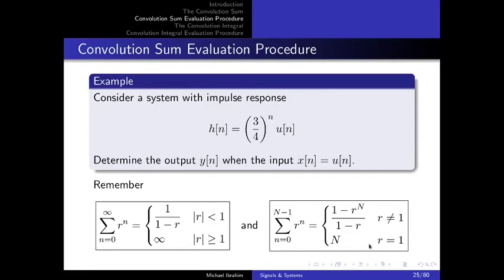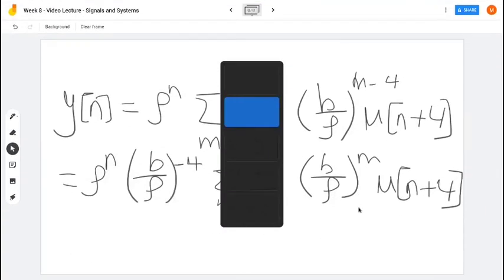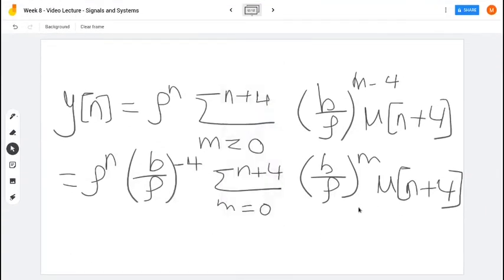Now if r is equal to 1, which is b equal to rho, the summation will be the upper limit of the summation plus 1. And if r is not equal to 1, which in our case is b not equal to rho, it will take this form, with 1 minus r in the denominator and 1 minus r to the power n in the numerator. So going back over here, we will be having two situations.